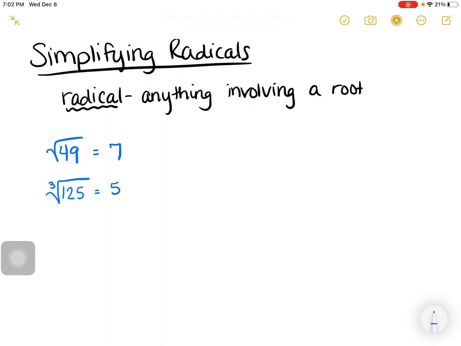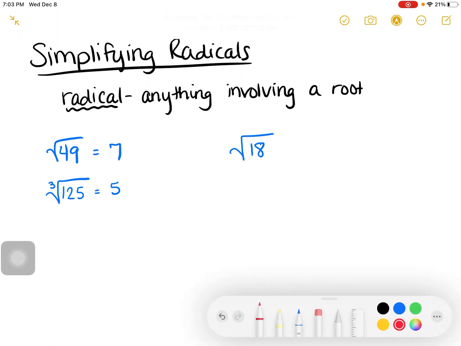Now, we started out with perfect squares and perfect cubes like these two, and then we got into dealing with ones that were not perfect cubes or perfect squares. So we may have had the square root of, let's say 18, okay? And part of what we did was we first figured out, okay, what two whole numbers would that fall in between?